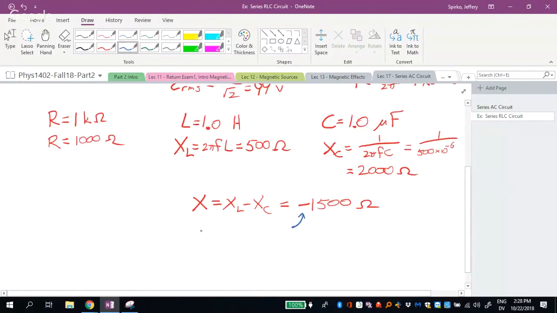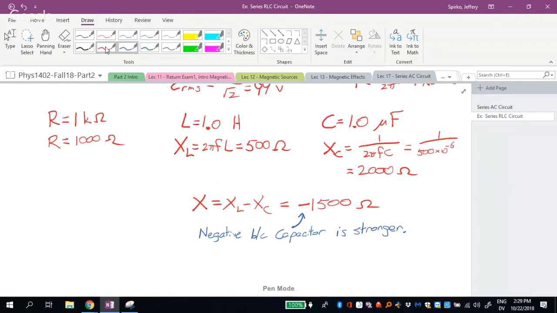We're going to square it. So it comes out negative, and one interpretation of that is that the capacitor is being stronger in this circuit, because the capacitor is the one that's getting subtracted in the overall reactance formula.